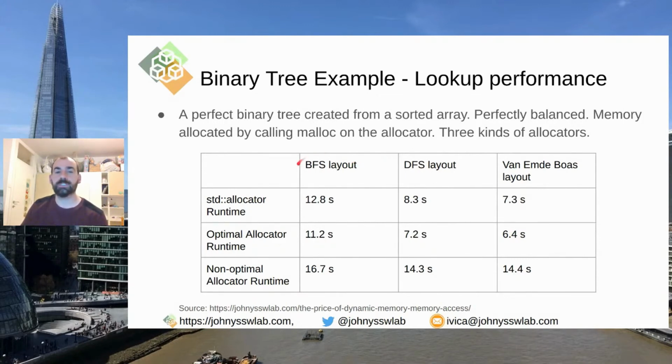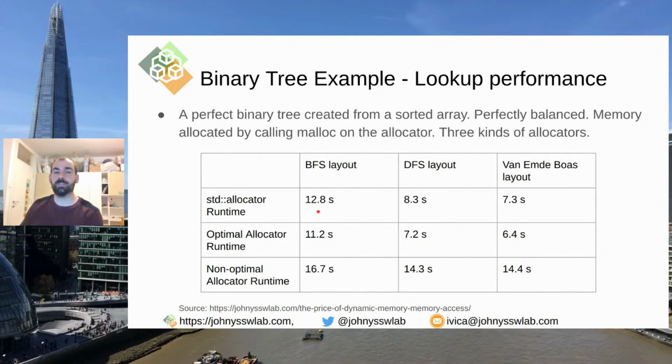If you use the breadth-first search layout, with the optimal allocator it will be 11.2 seconds. If you use the depth-first search layout, the runtime will be 7.2 seconds. And if you use the van Emde Boas layout, it will be 6.4 seconds. So this is the best number you can get. And as you can see, the standard allocator is a bit slower, but not that much.